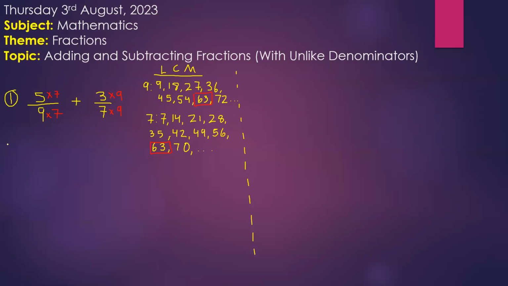It's going to be equal to 9 times 7, which is 63, and 7 times 9, which is 63.